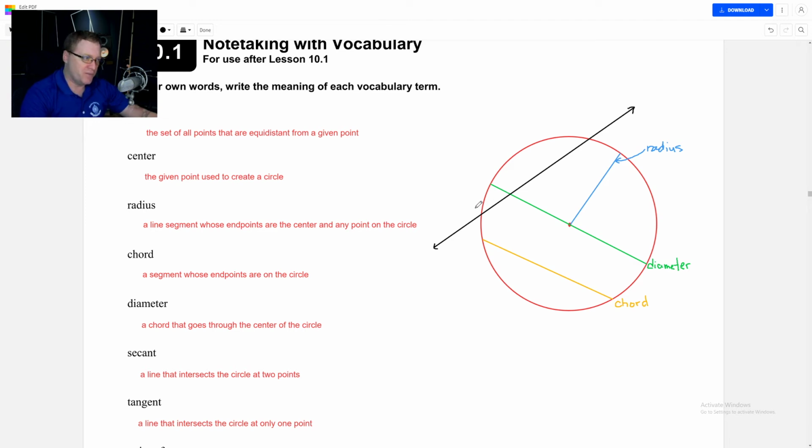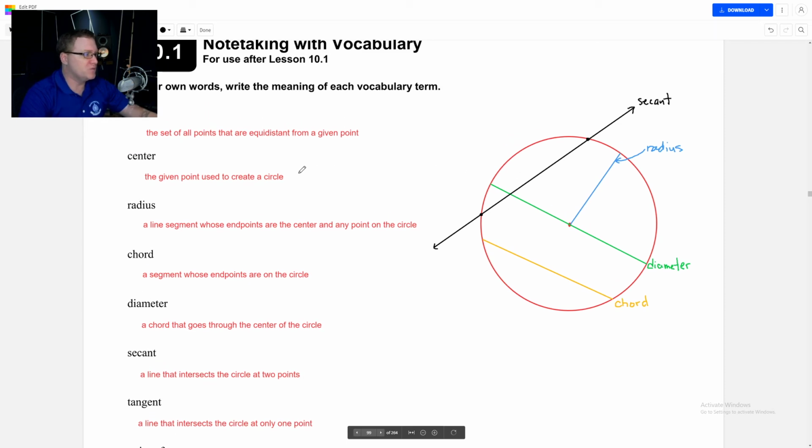The point is that the secant will intersect the circle at 2 points. Here it intersects, and here it intersects. Because this intersects at 2 points, this is called a secant. Secant.